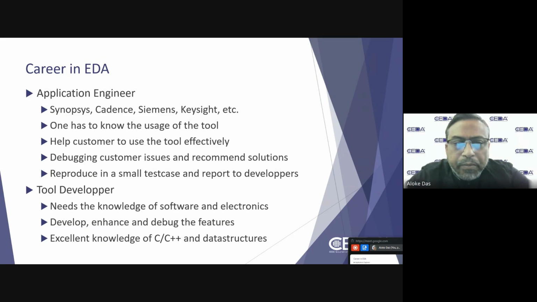So the application engineers bridge this gap. They know the intricacies of these tools, and they can help the designers of those companies, debug customer issues, and recommend solutions. The senior application engineers generally recommend solutions, flows, and scripts to the companies. That is very helpful and very effective.